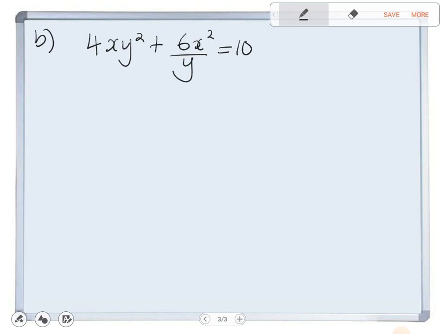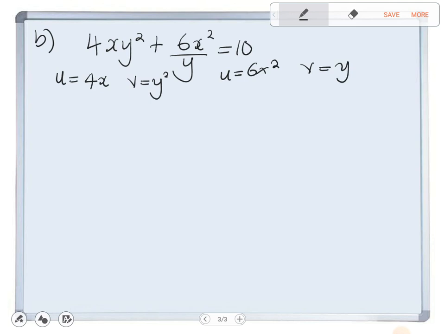Let u be 4x and v be y squared. For the other part, let u be 6x squared and v be y.